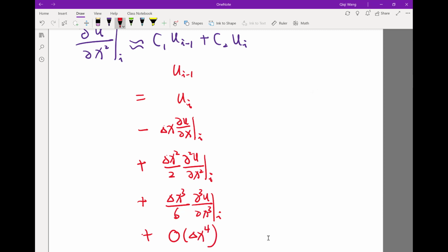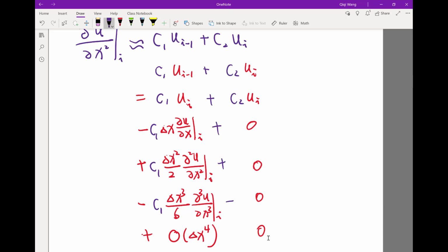How about u_i? u_i is equal to u_i plus 0, 0, 0, 0. Oh yeah, thank you, the cube term should be negative delta x cubed. Now multiplied by the coefficients: C1 times each of these terms, and O(delta x fourth) doesn't change. And C2 times this is C2 u_i plus 0.